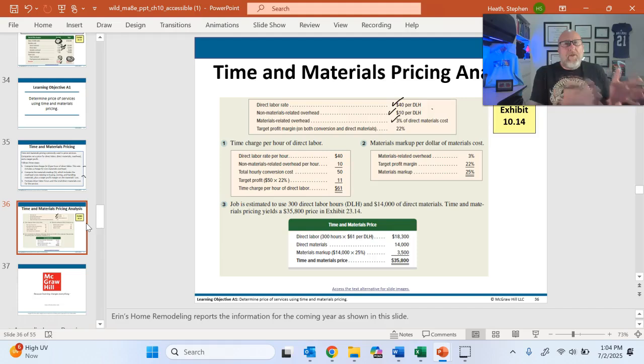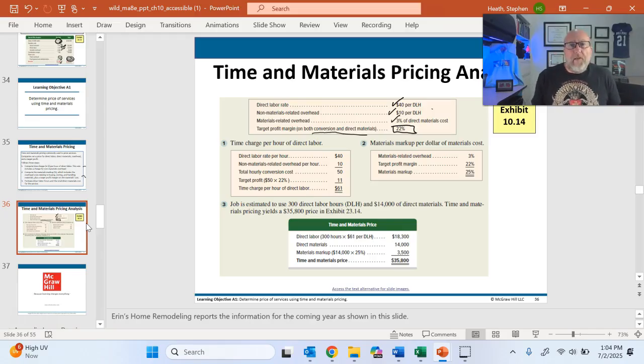So we have material, and then there is the material storage fee. Then on top of all of that, we also want a target profit of 22%. And conversion costs, right? Those are labor and overhead.